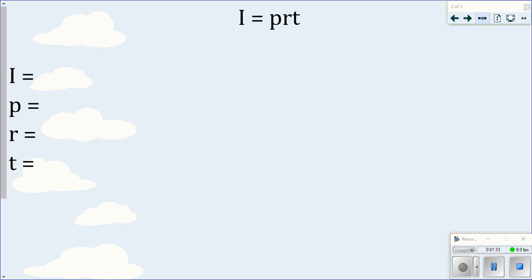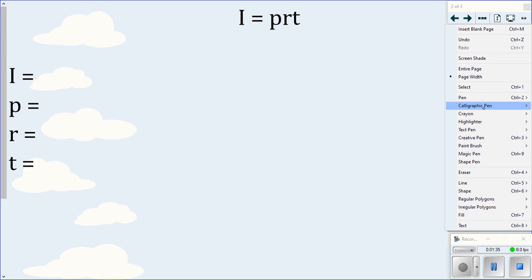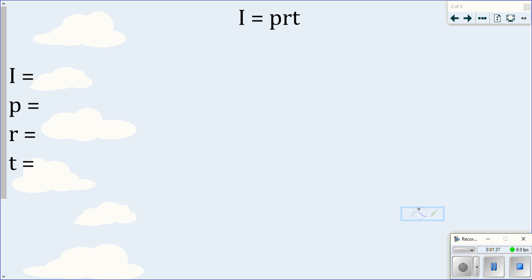If you look at this, the I stands for interest. And again, that's the money that you owe the bank or the money that the bank pays you for keeping your money there. The P stands for principal.